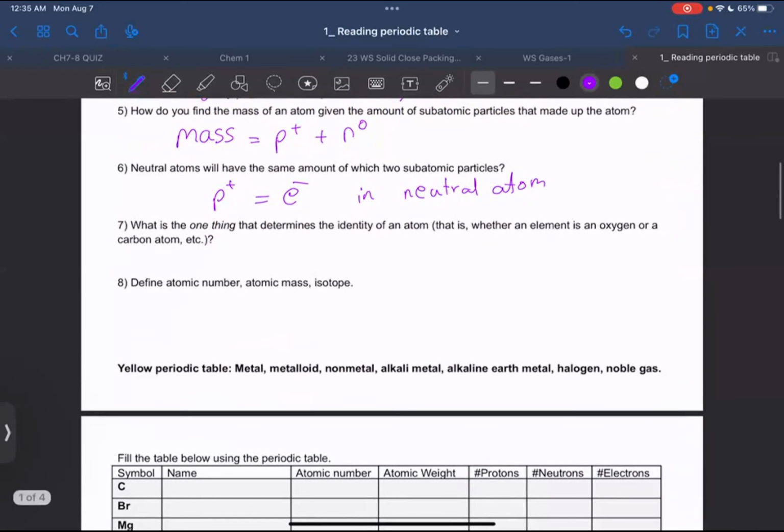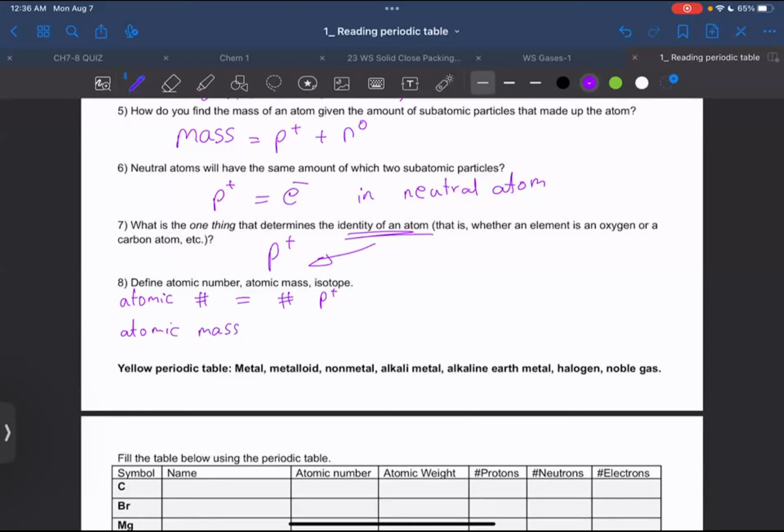What is the one thing that determines the identity of the atom? That is the protons. Protons show you what element it is. That's always the proton. Define atomic number, atomic mass, and isotope. Atomic number equals number of protons.